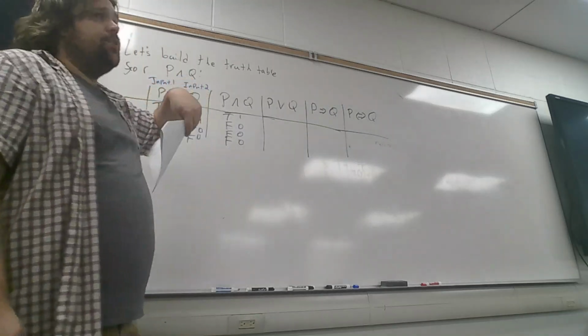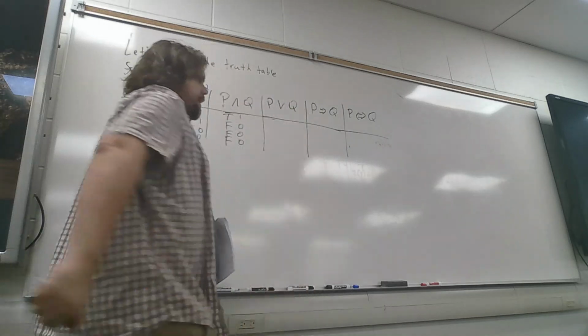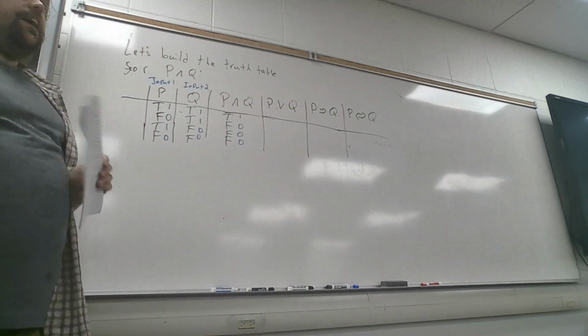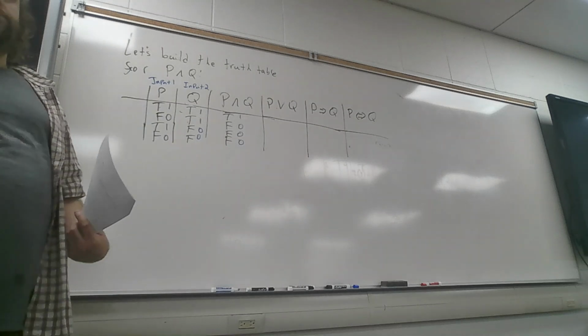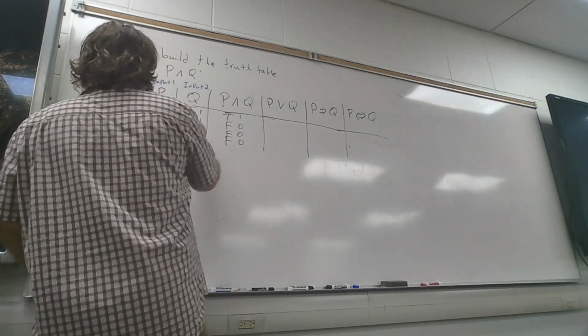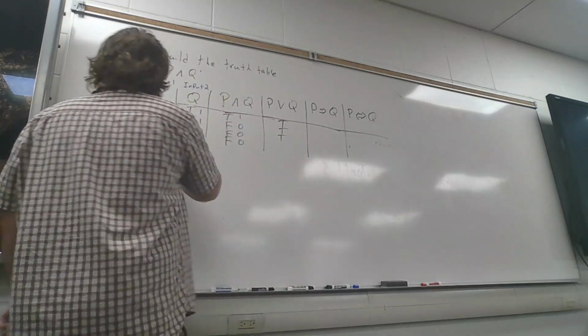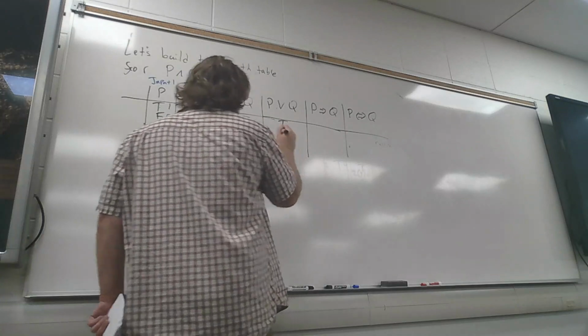Input 1, input 2. So P or Q is true unless both the inputs are false, right? So that means here is true, here is true, here is true. The inputs here are both false, so we write false.